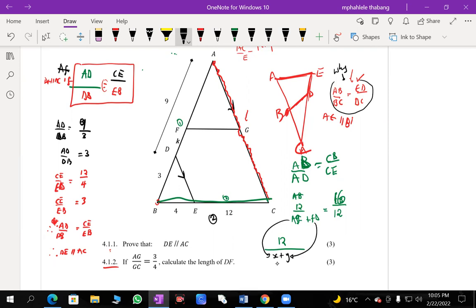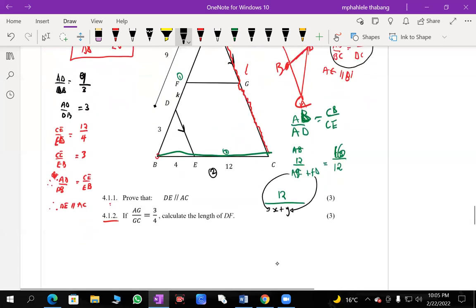X plus y over 12 goes to 16 over 12. Let x equals 16 over 12, and let y equal... Then 16 over 12, 12 times. 16 times x plus y equals 12 times 12, which is 144.